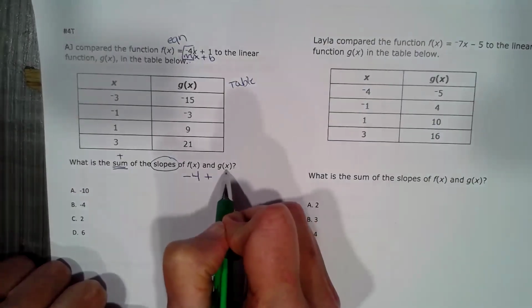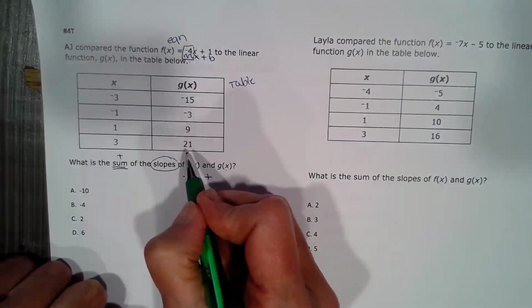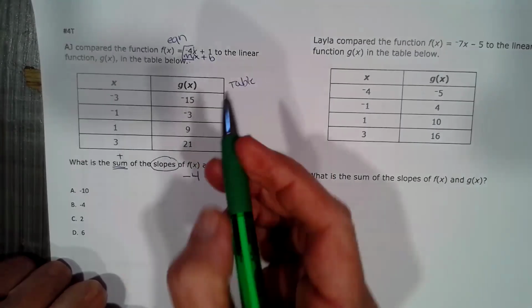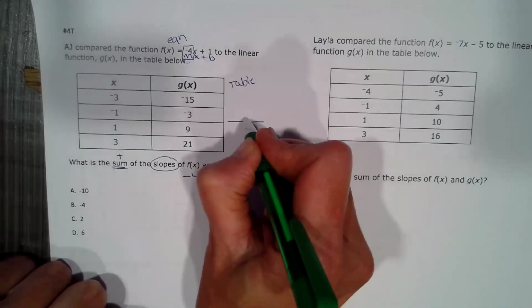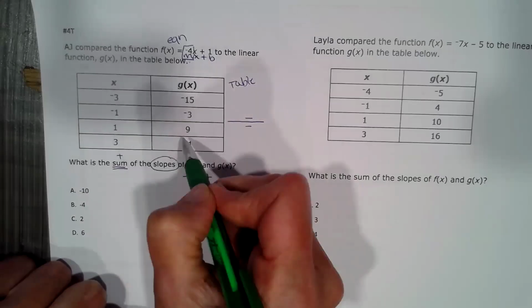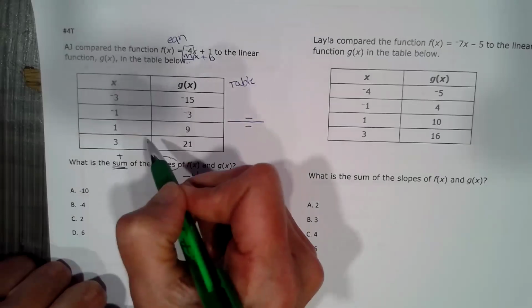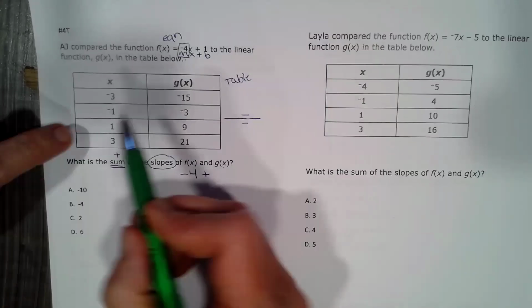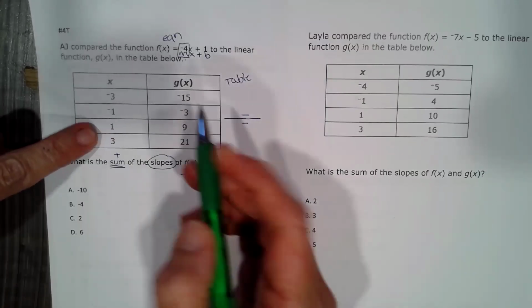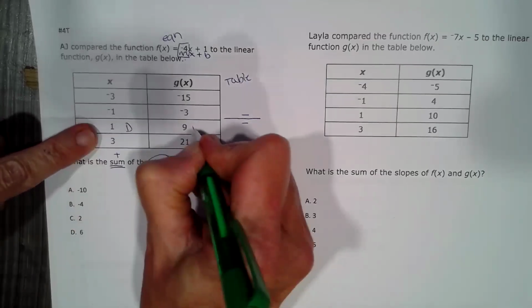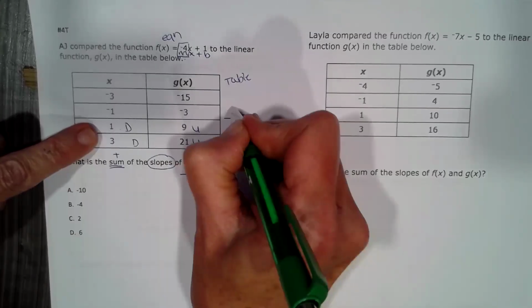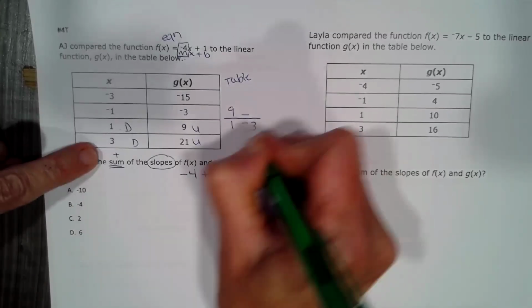And now I need to find the slope for g of x. Well, how are we going to do that? Notice it's linear. If it's linear, and linear means constant slope, so it doesn't matter which two ordered pairs I pick. What I'm going to do is pick the positive numbers because they're easier. Down, up, down, up.